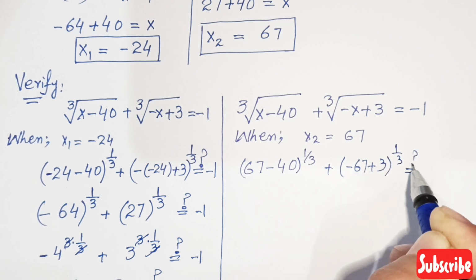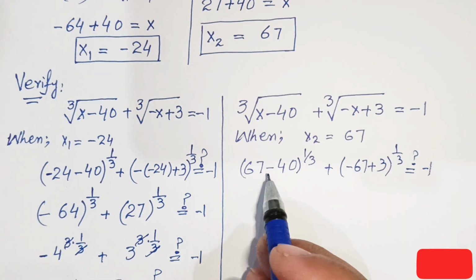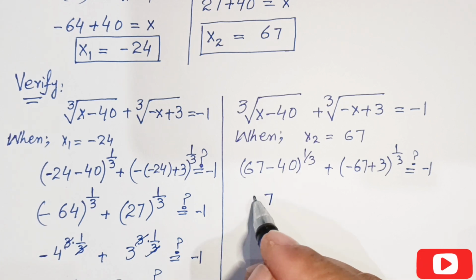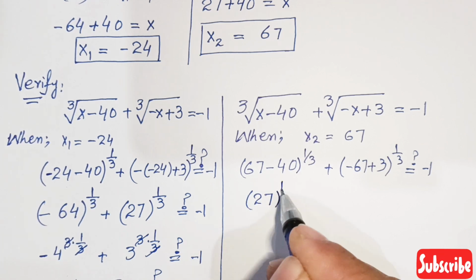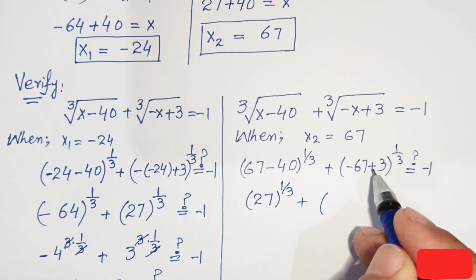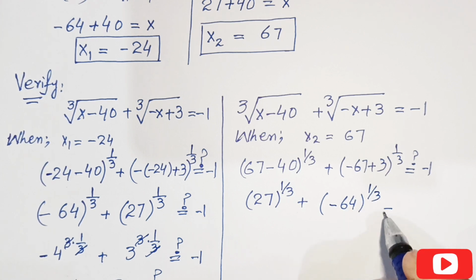Is it equal to minus 1? Now 67 minus 40 is 27, whole to the power 1 over 3. So plus here, minus 67 plus 3 gives minus 64, whole to the power 1 over 3. Is it equal to minus 1?